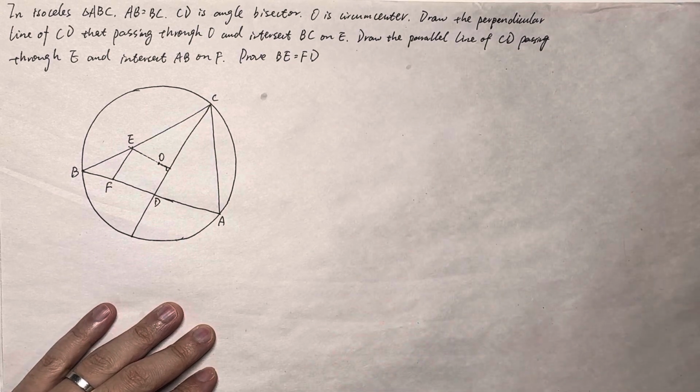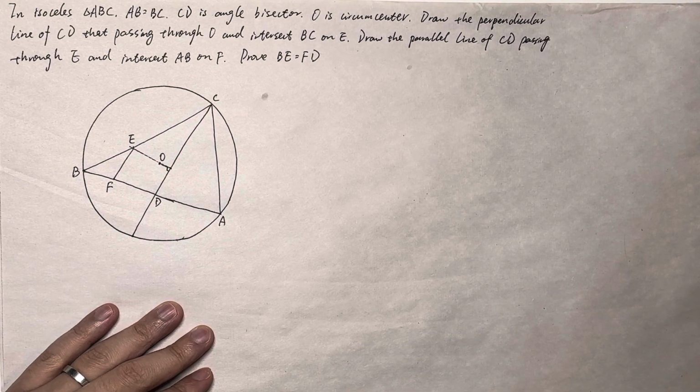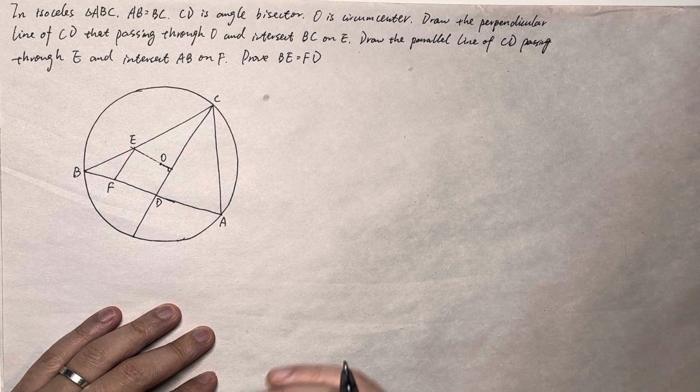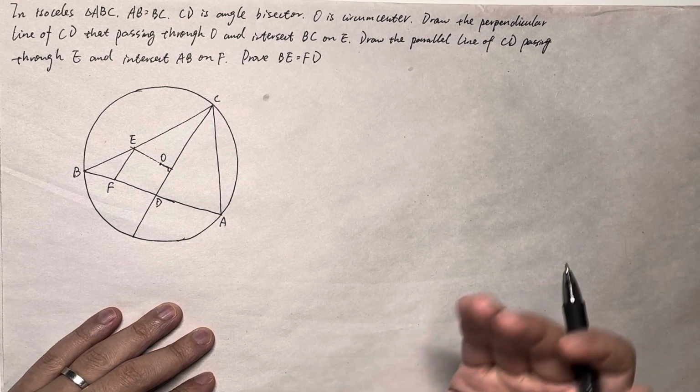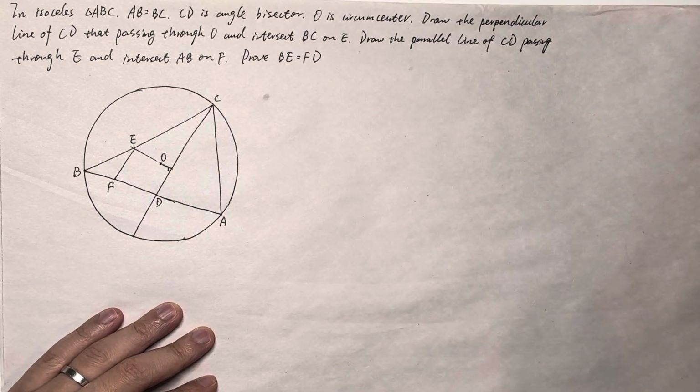For this problem I will talk about both techniques. We will have two solutions to show how I think of this and how I seek the solution. Okay, let's consider the first one.